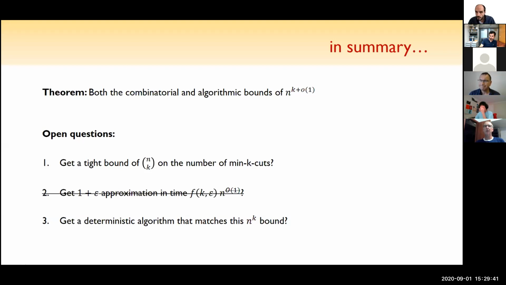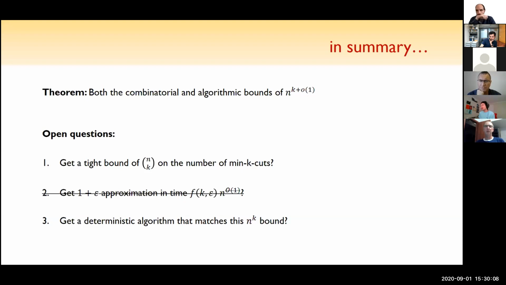So Uri Zwick asks, for which values of k is the new algorithm the fastest known algorithm? So for k at least 3, it's already fastest. Previously, no cubic algorithm was known for the case k equals 3. Which is interesting because when k is 2, a near linear time algorithm is known, instead of n squared, at least for the global min-cut problem.